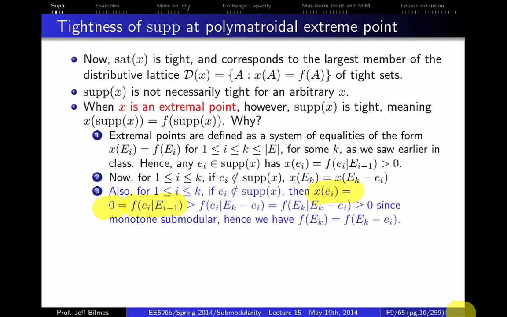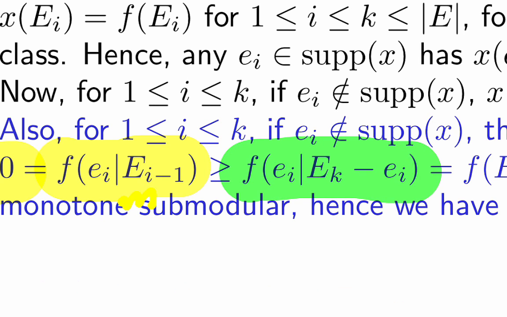Now, using submodularity, we get that this is greater than this. How did we go from the yellow to the green? We got that by the fact that we're conditioning on a larger set. The set e_i minus 1 here, oops, let's use a different color. That set does not contain e_i.